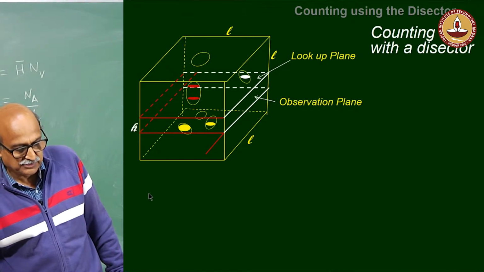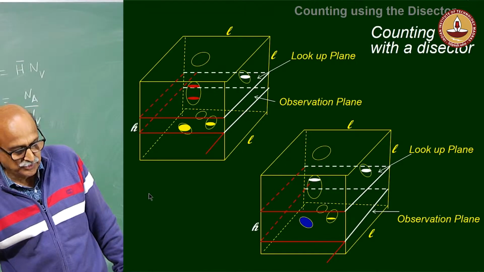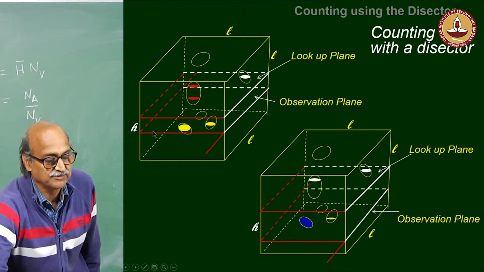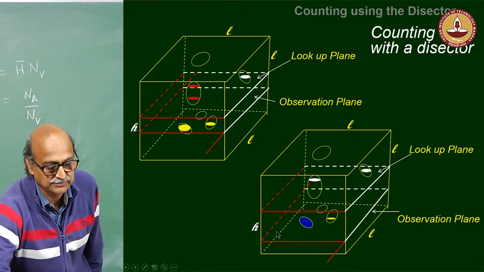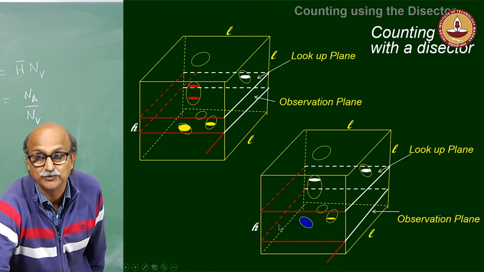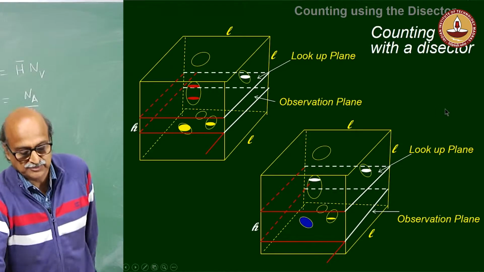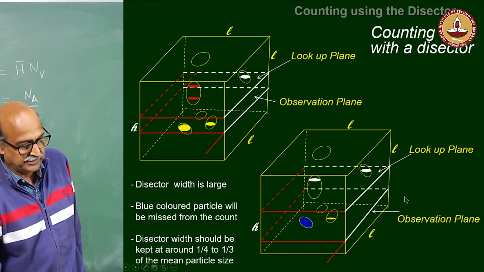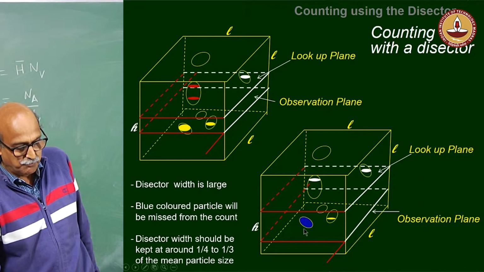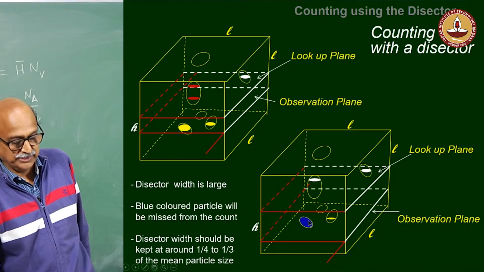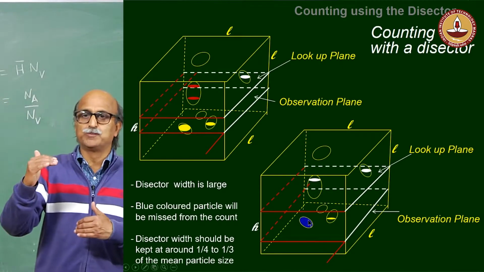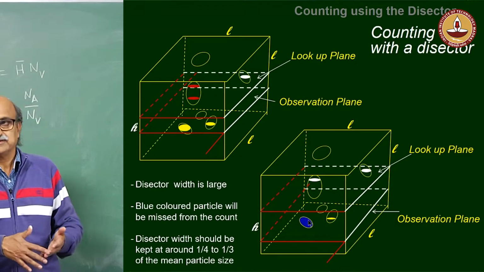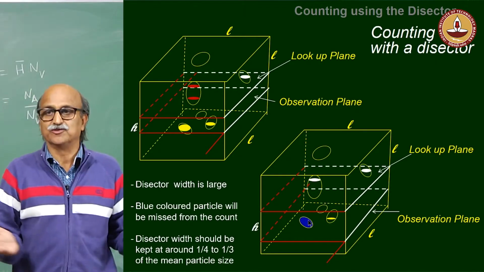Now, let us consider two dissectors here. One is a dissector with some h value, and here it is a dissector with a larger h value. Now, in this particular case, the error can occur as a result that this blue colored particle that you are seeing is in between the two planes, but it does not intersect either of the planes.